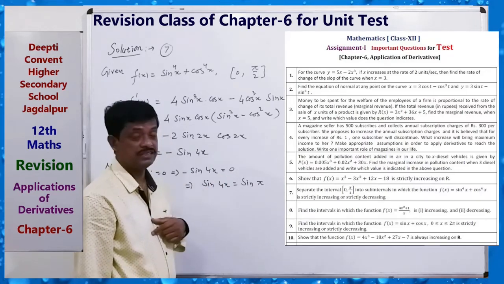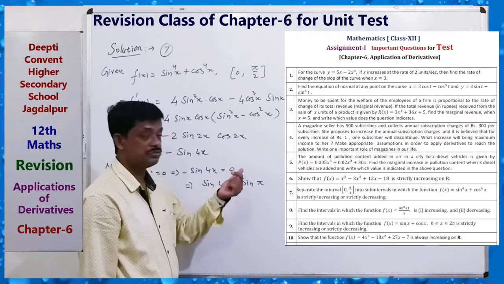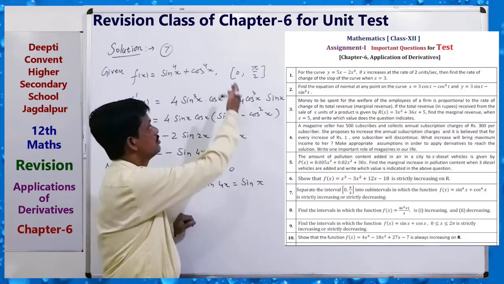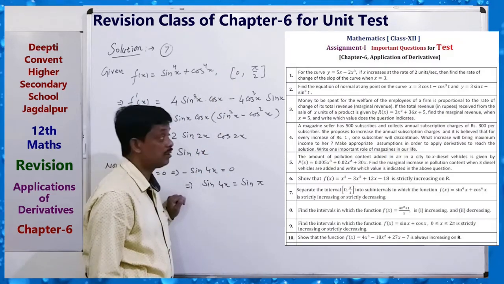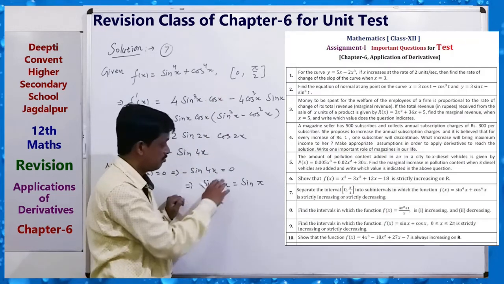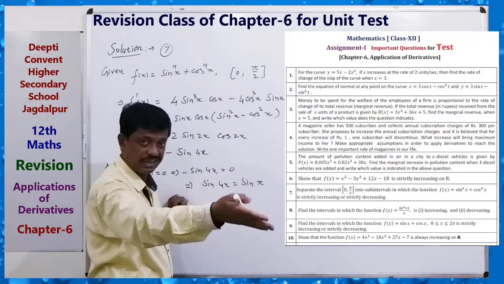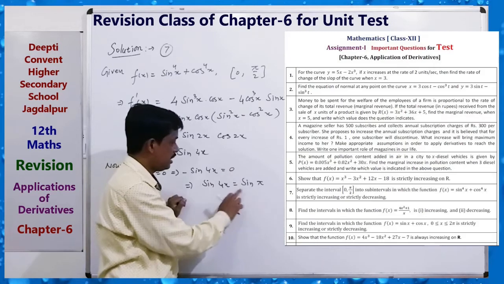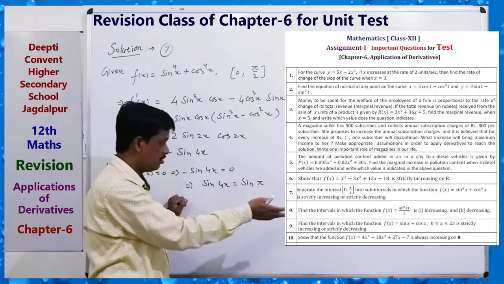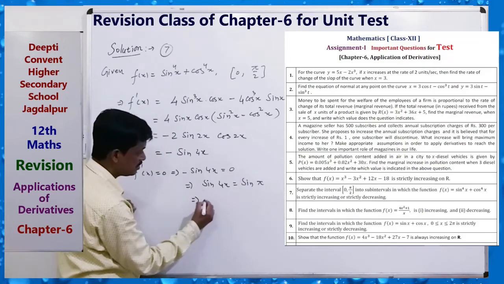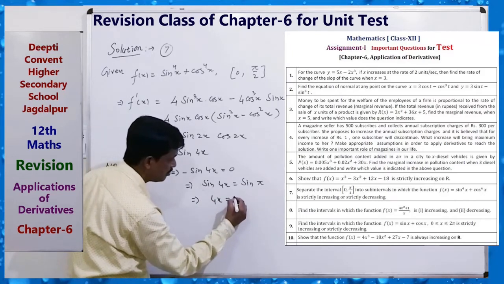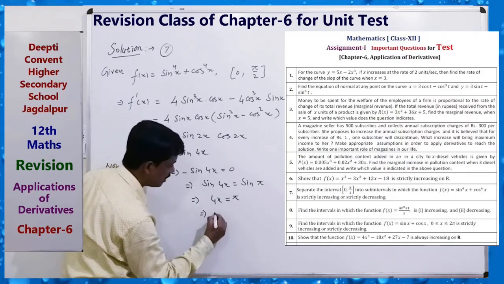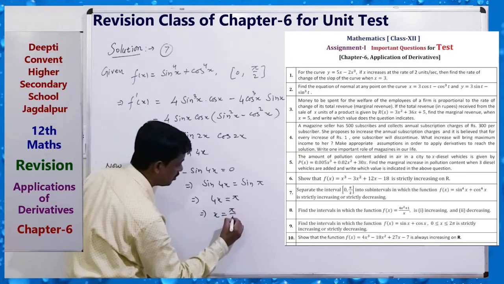If we take sin 0 equals 0, then 4x equals 0 means x equals 0, so there will be no separation. So take the next value, sin pi equals 0. We can write 4x equals pi, which implies x equals pi by 4.